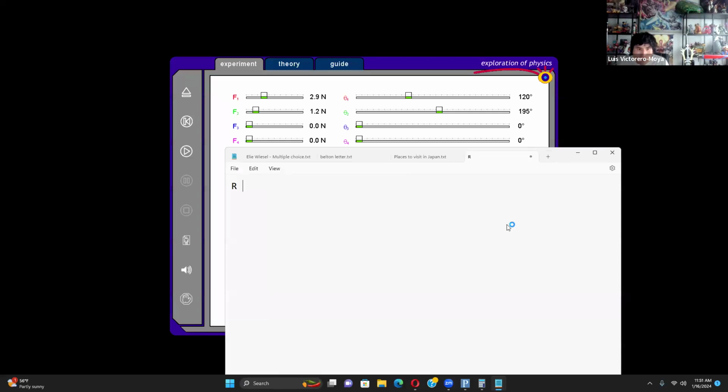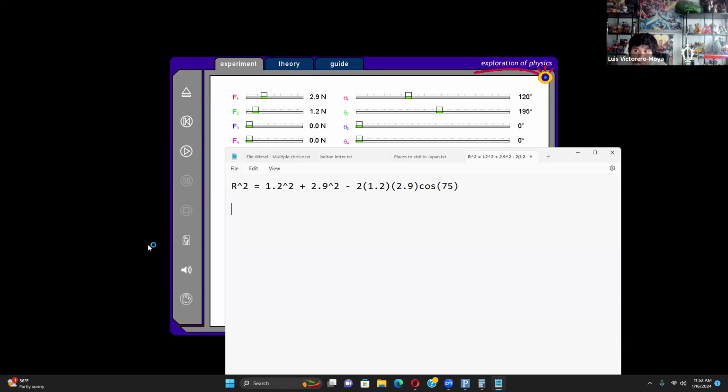The resultant squared will be 1.2 squared plus 2.9 squared minus 2 times 1.2 times 2.9 times the cosine of the angle in between, which is 75 degrees. In degrees, of course. So then that should give you the theoretical resultant. You just take the square root here, and then you calculate this.